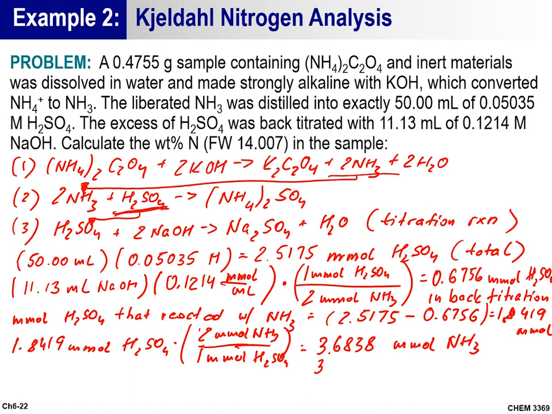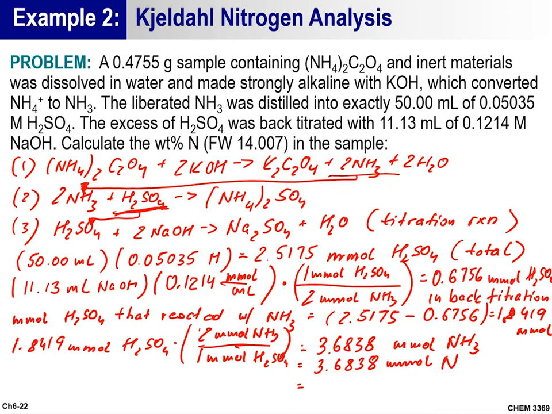So I have 3.6838 millimoles of nitrogen, okay? So now everything is quite straightforward from here, right?